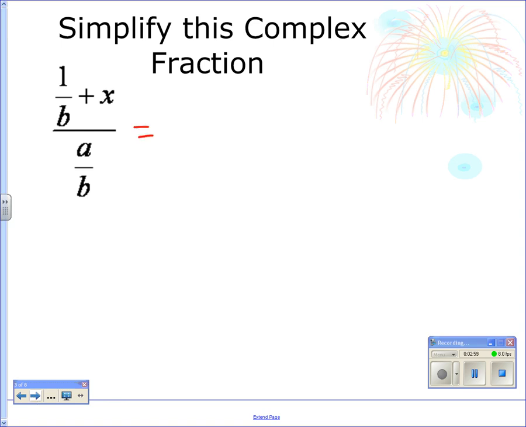Okay. Any ideas what you would do? Okay. So what would the numerator become? Over b, right? And then ab stays the same. Now what do you do?